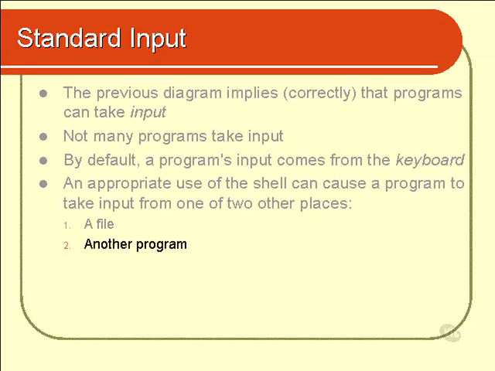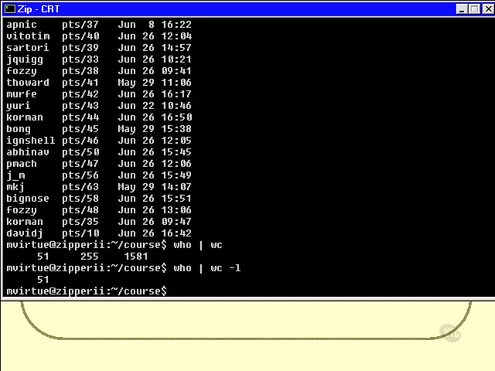That wc program used that output as input, which implies, of course, that wc is a program that can take input, which in turn implies that if we didn't use the pipe symbol to feed the output of the who command into the input of the wc command, then we could have got the input for the wc command from the keyboard. If you have no idea what I'm talking about or what that could possibly look like, I'll give you a demonstration.